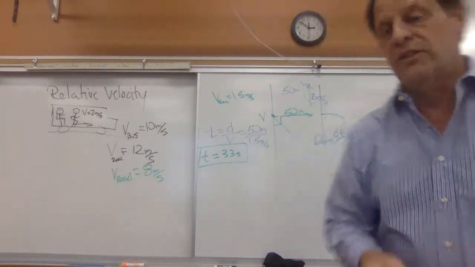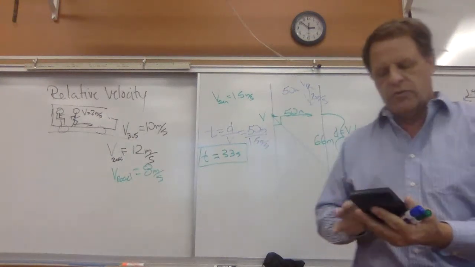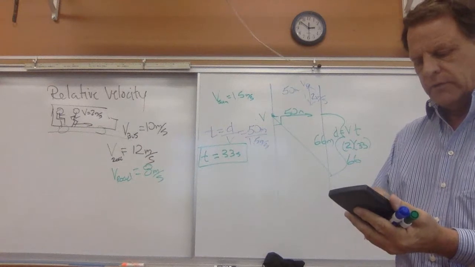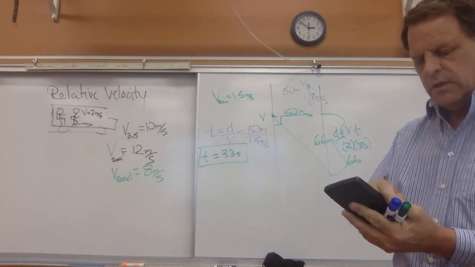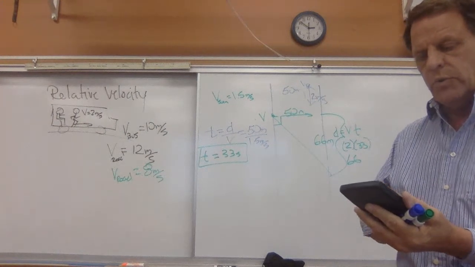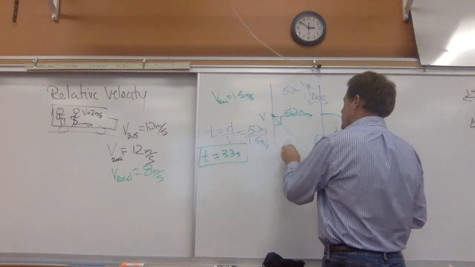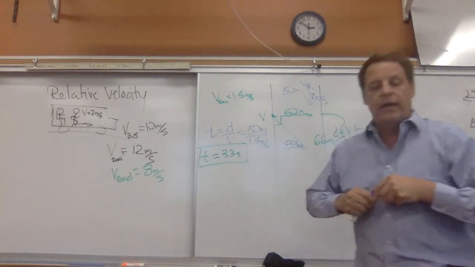So your overall straight line distance would be the square root of 50 squared plus 66 squared. You would have gone 83 meters.